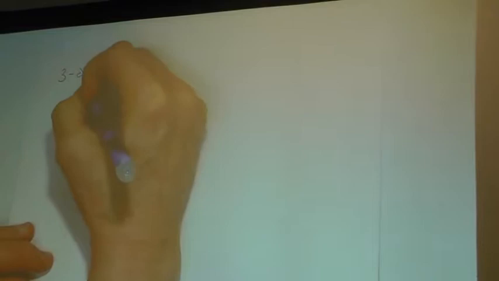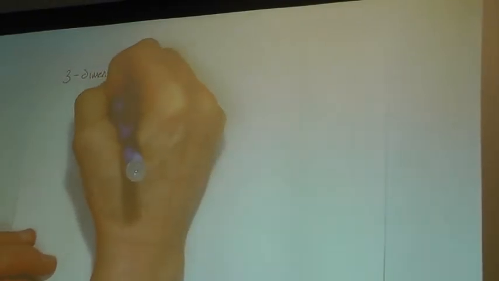Before we start into the vector stuff, let me briefly mention the 3-dimensional system that we'll be looking at. So this is the Cartesian coordinate system, and we will also be looking at 2 more coordinate systems, cylindrical and spherical. But for some time we'll stick with the Cartesian coordinate system.